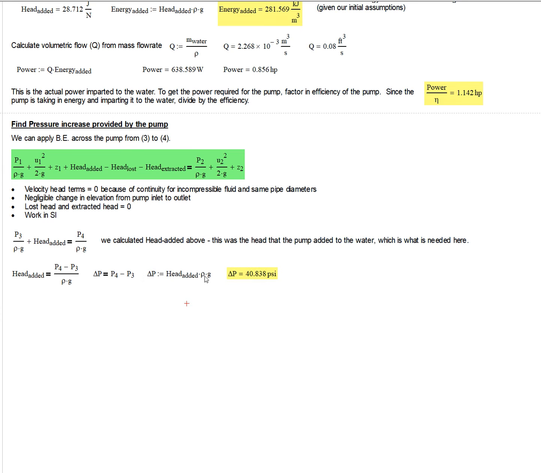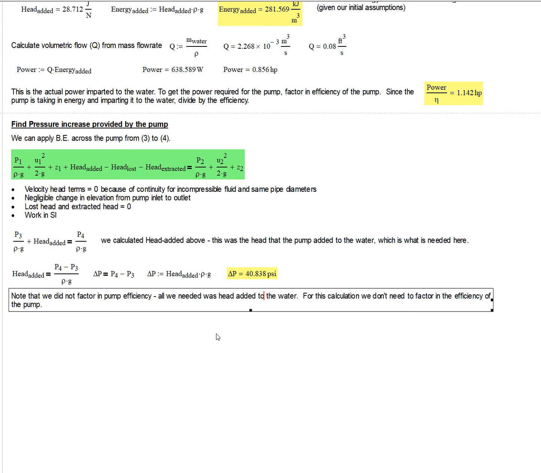What you can see is that our units work themselves out. We take the head added, multiply it by the weight of the fluid, and we get units of pressure, 40.8 psi. So that is the pressure increase of the fluid across the pump.